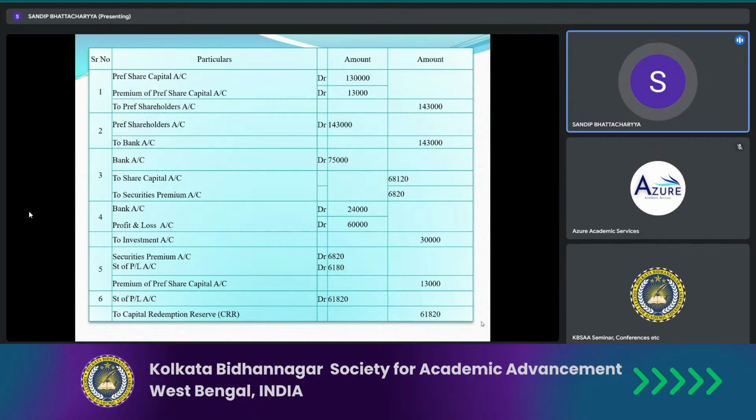To share capital account 6818 into rupees 10. To securities premium 6818 into rupees 1. So the first is the due entry, second is the payment entry, third is the new issue entry or the proceeds from the new issue. Now fourth, investment sold.